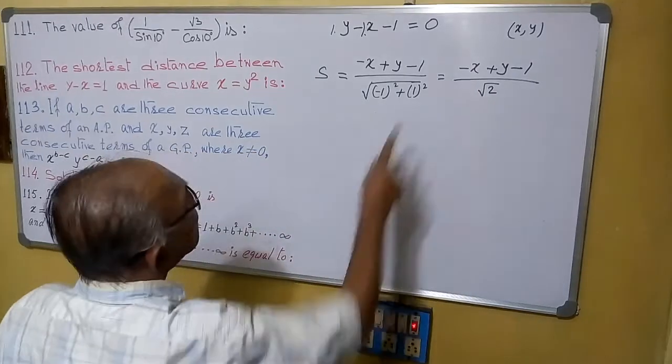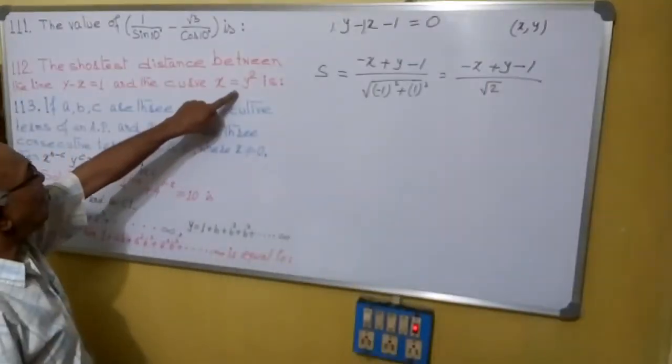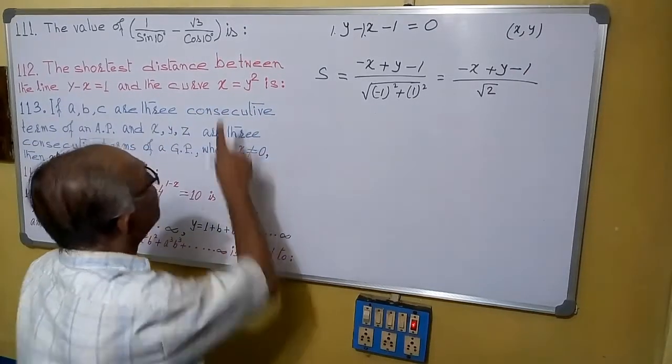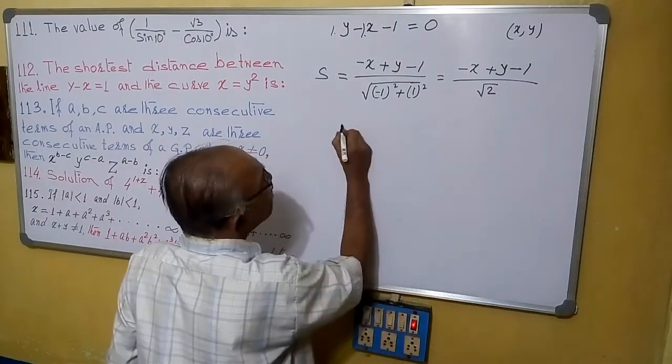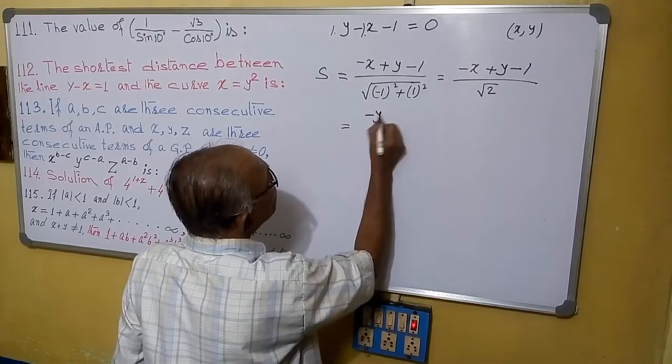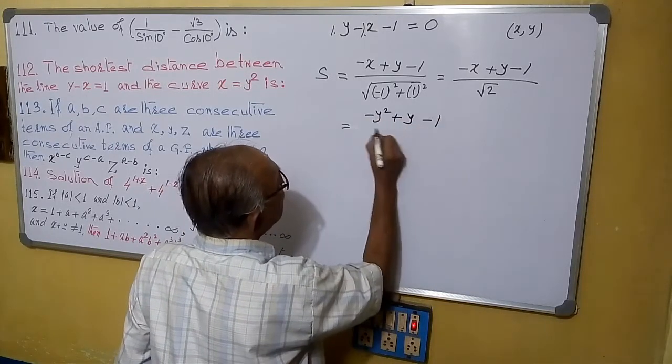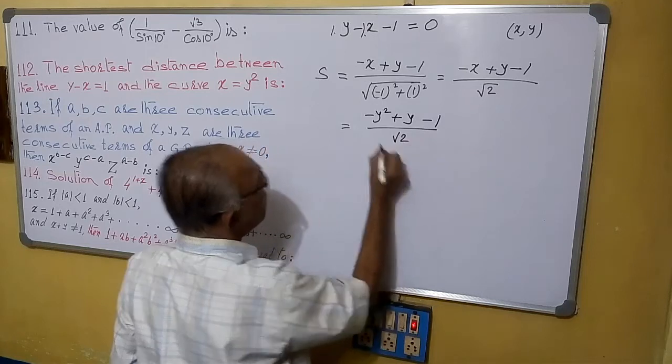Now, since (x, y) is a point of this curve, instead of x I can write y square. So this one will become minus y square plus y minus 1 by root 2.